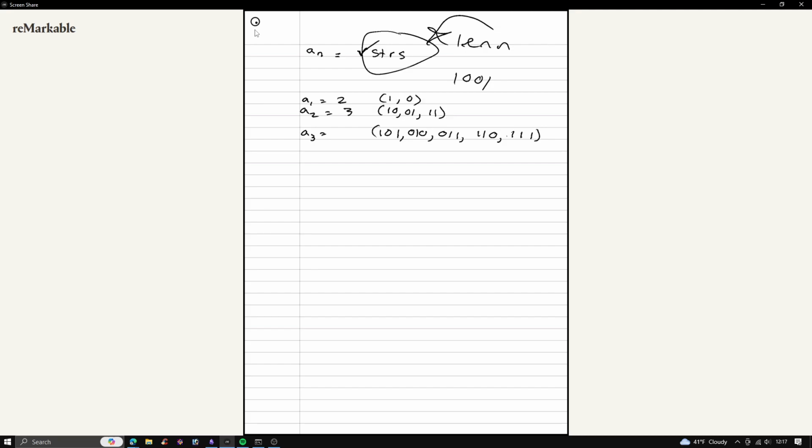Why is that? That's not true. Let me rethink that really quick. I mean to say that the amount of offspring that this one will have that end in 0 will be equal to the amount of offspring that this one had total.